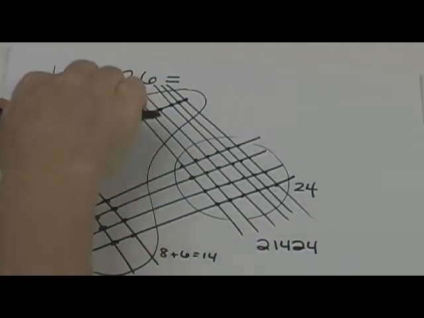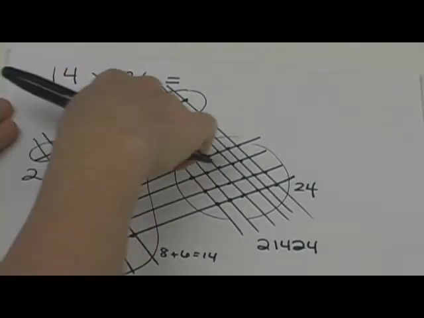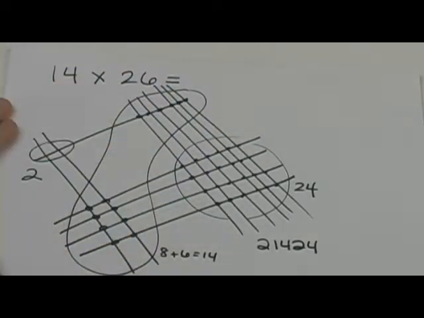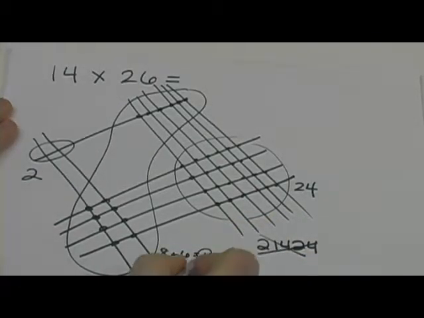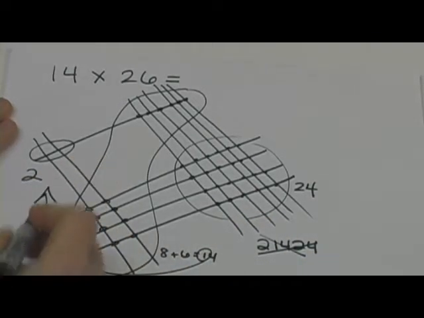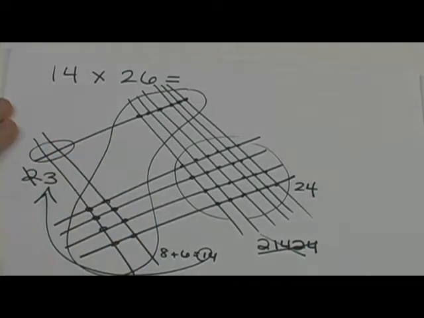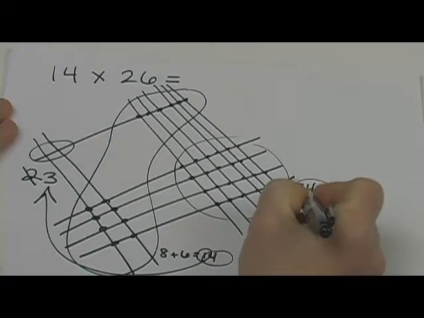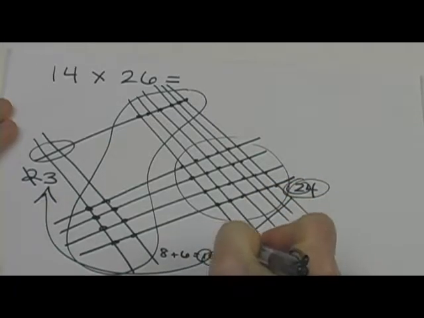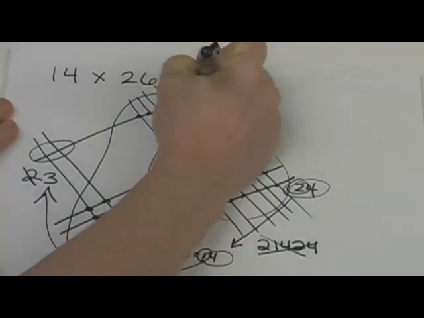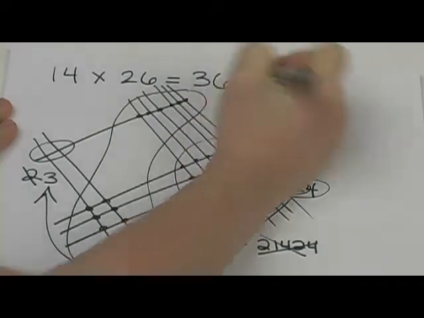That's way too big for a multiplication of two two-digit numbers. So instead, I'm going to take the 1 from the 14 here and carry it over, and so this becomes a 3. So I've got a 4 left here, but I've got a 24 over here, so I'm going to take the 2 and add it to the 4. So my answer is 364.